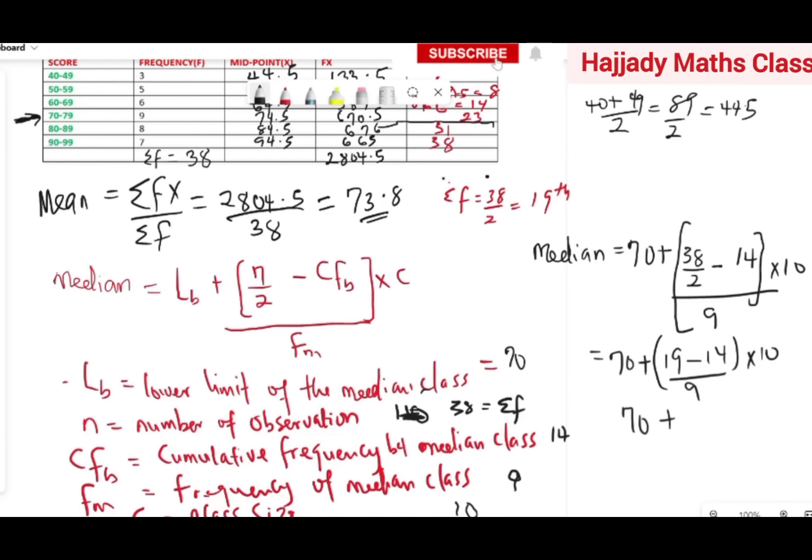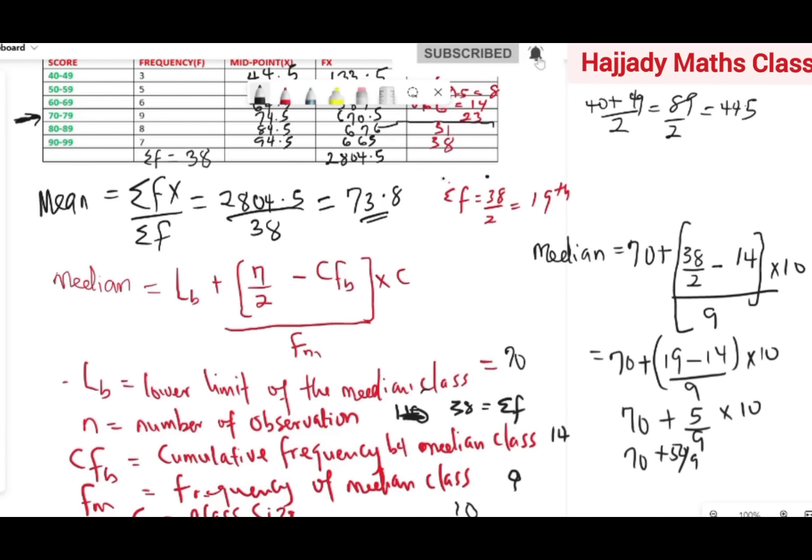So here we have 70 plus 19 minus 14 is going to give us 5 over 9 multiplied by 10. So we have 70 plus 5 over 9, or let's multiply 5 by 10, and here we are going to have 50 over 9. Okay, so going forward, we have 50 over 9. You can solve that using your calculator.